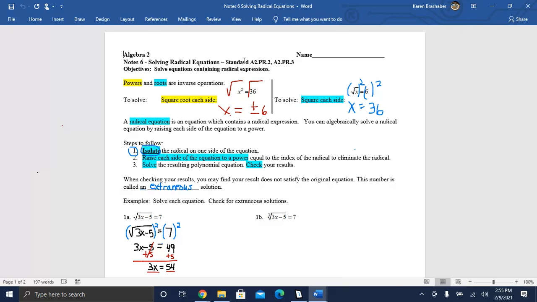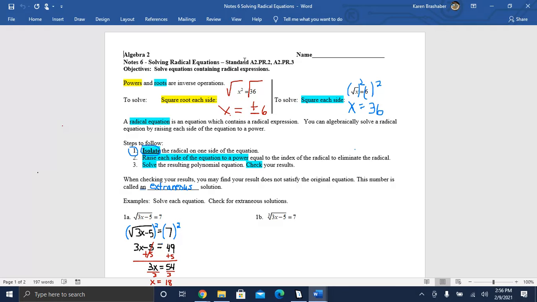And in doing that, we get x equals, and that answer would be 18. So x equals 18.